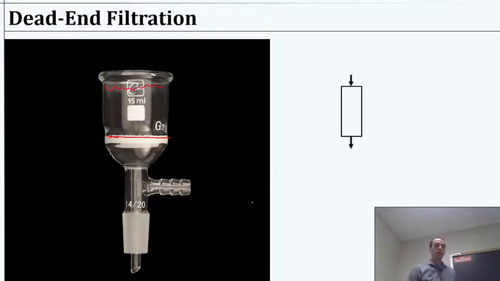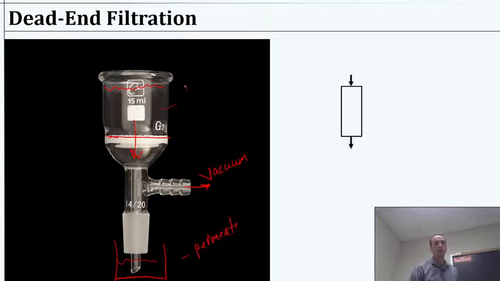And then essentially what you would do is apply a vacuum here. The water would flow through, and presumably it would be collected. You could add in some beaker or something here and start filling that, and this would be your permeate. And this would be your feed. So the vacuum then is giving us the delta P.